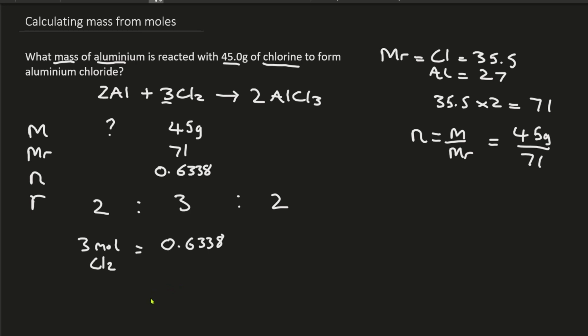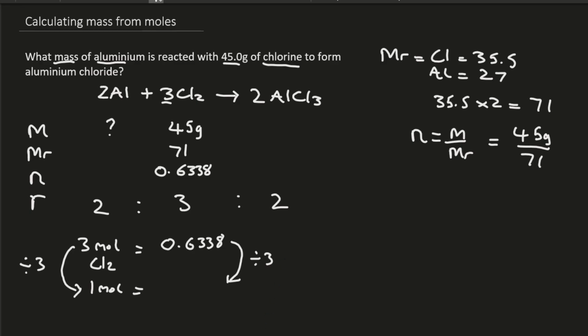If your maths is good, you might just do the molar fraction and work out what the answer is from there, but I'm just going to do it step by step, and we're going to find out what 1 mole is first. So 1 mole of chlorine, therefore, has to be divided by 3 to get 1 mole. And so we have to do 0.6338 divided by 3 on that side as well, because what we do on one side, we must do to the other side.